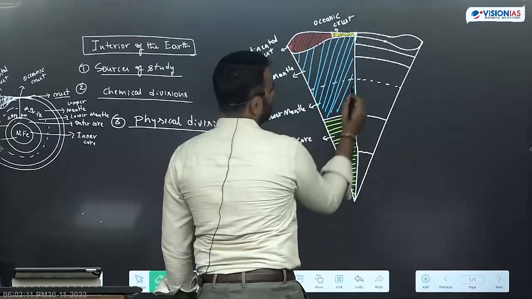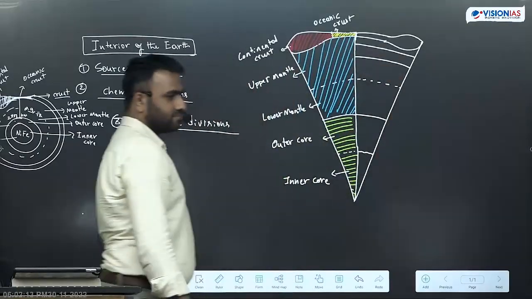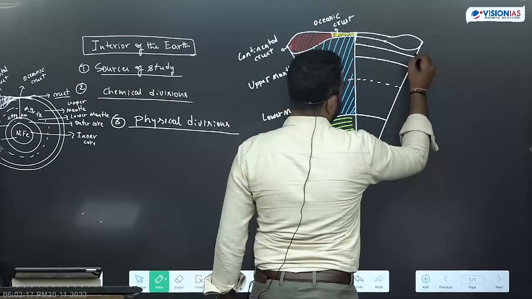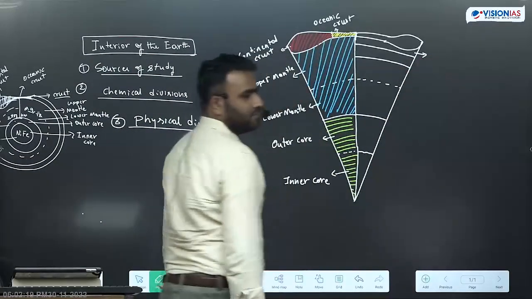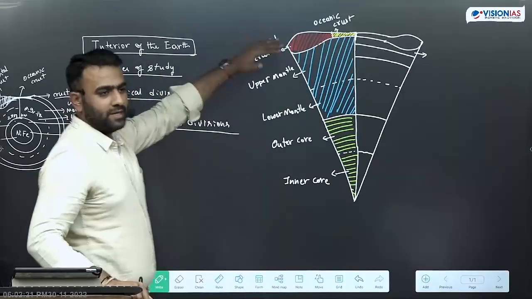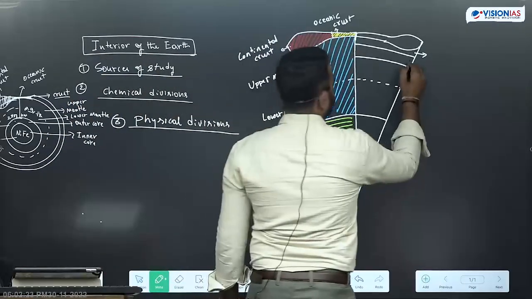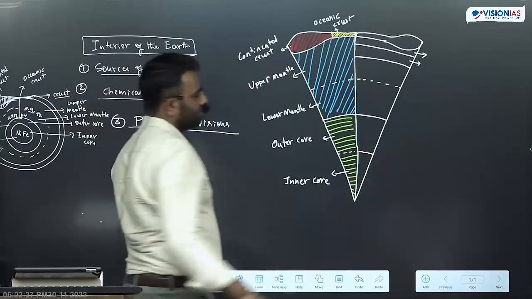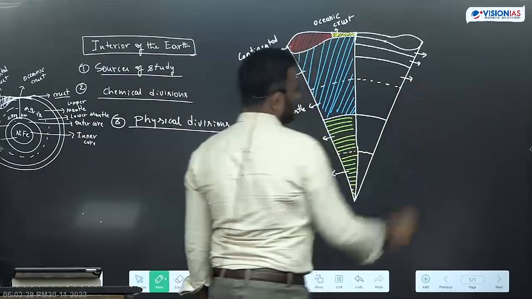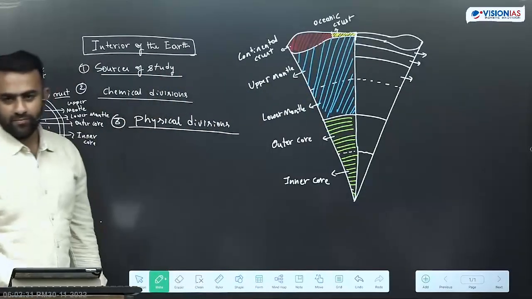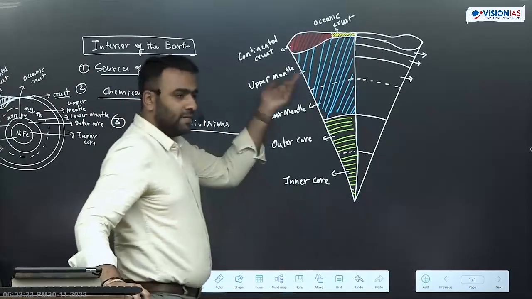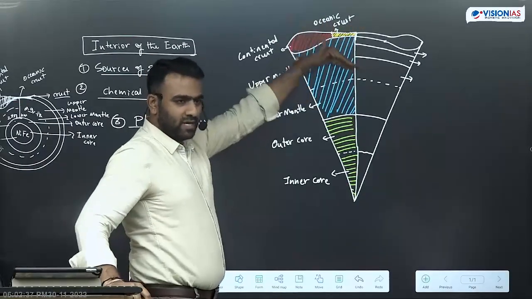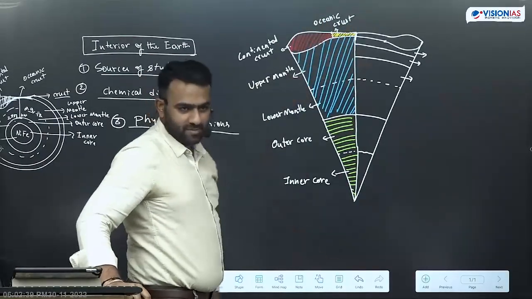Upper mantle is divided into three parts: the uppermost part of upper mantle, the middle part of upper mantle, and the lower part of upper mantle.